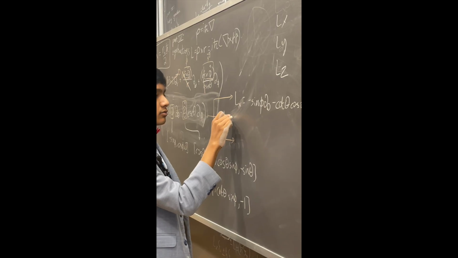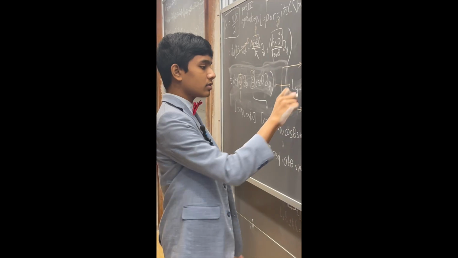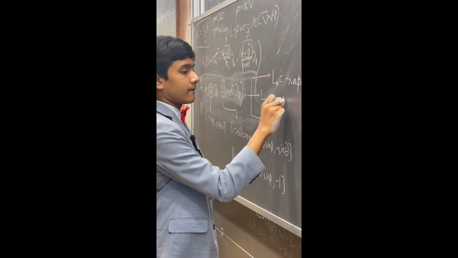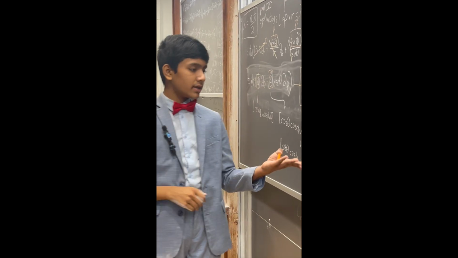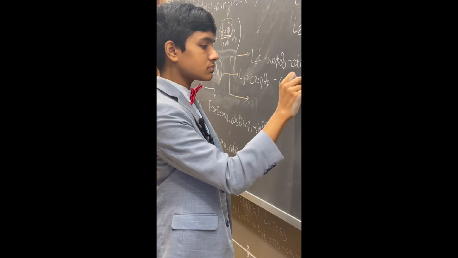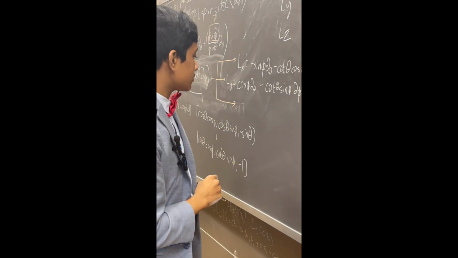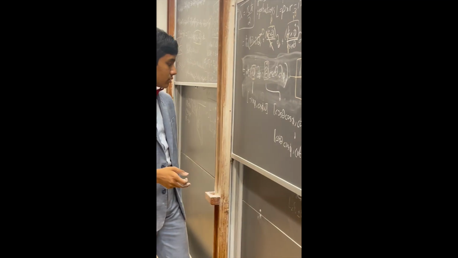Ly is equal to what? There's a cosine phi there, partial theta, minus, well, there's a cotan theta sine phi over there, partial phi. And Lz is nice. We just get what?